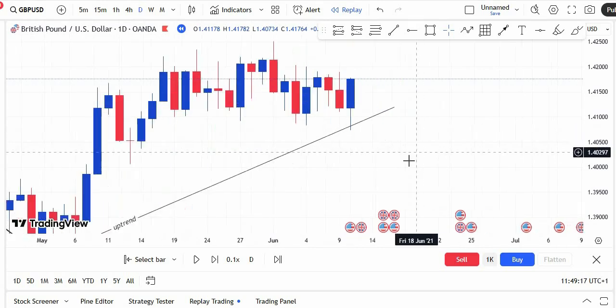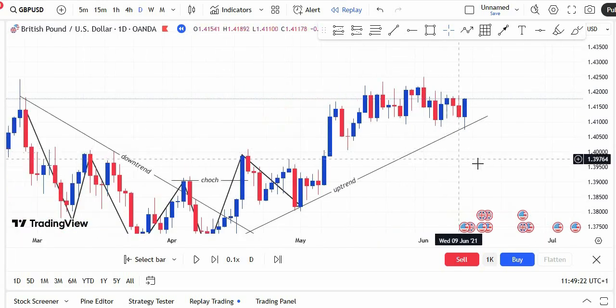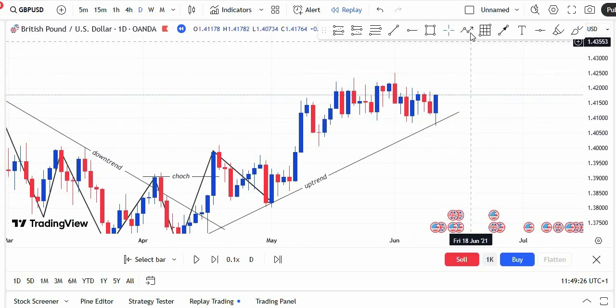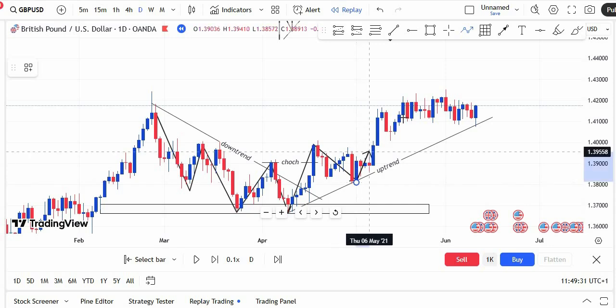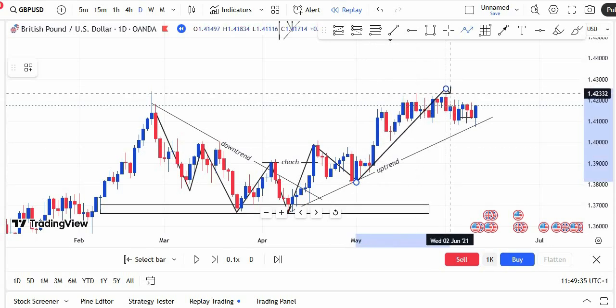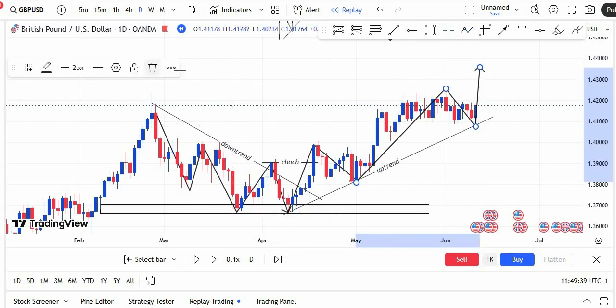What do we notice? We notice that the market moved to the upside. So what type of pattern is this? This is a continuation pattern. That is, the market moves right from this zone to the highest point of this zone. Okay, this is the highest point, and it tests off the trend line, and now is moving to the upside.